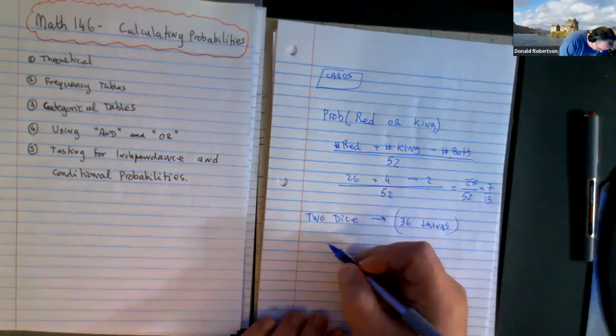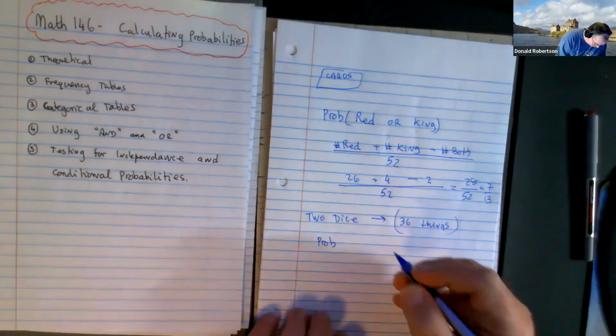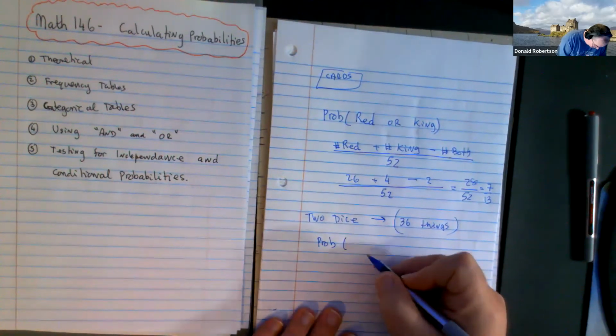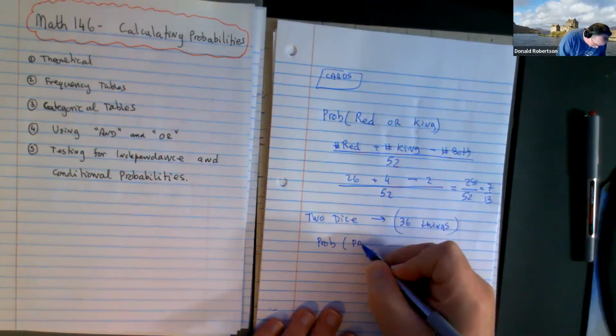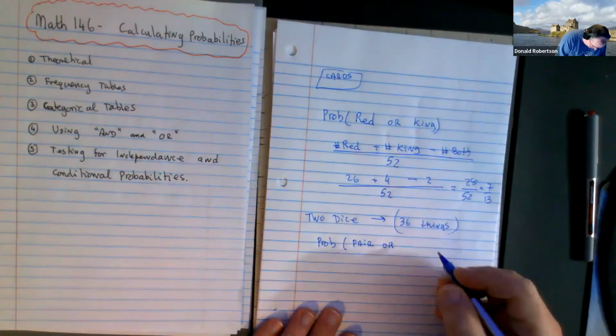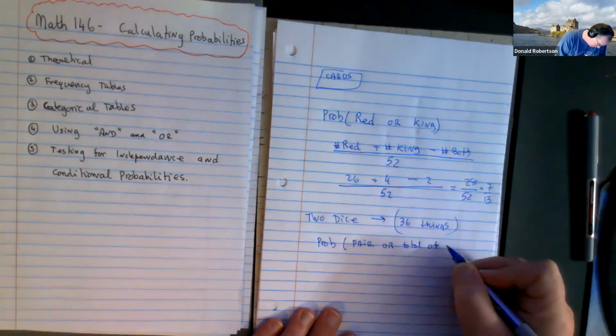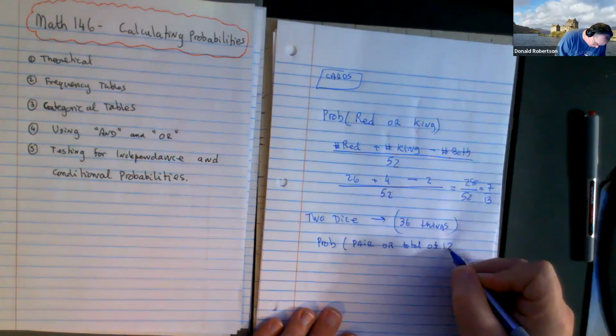So what's the probability that you get a pair or a total of 12?